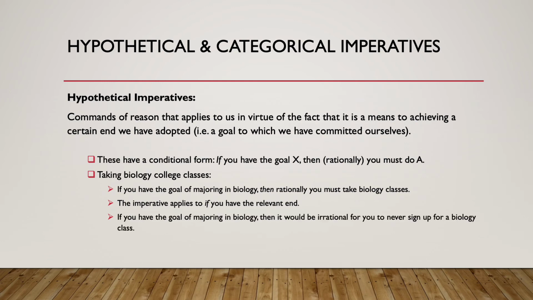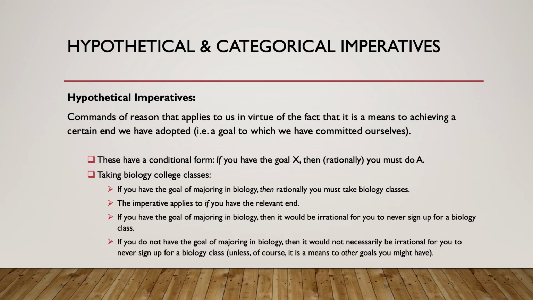If you have the goal of majoring in biology, then it would be irrational for you never to sign up for a biology class, because that's one of the things you have to do in order to get to that goal. It's a means to that end. But on the other hand, if you don't have the goal of majoring in biology, then it wouldn't necessarily be irrational for you to never sign up for a biology class.